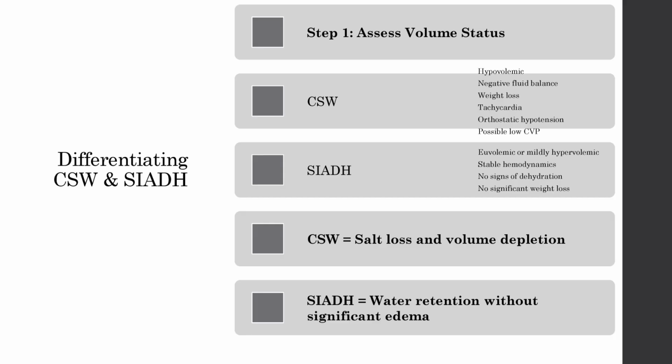Patient is hypovolemic, negative fluid balance, weight loss, tachycardia, orthostatic hypotension, and possible low CVP. SIADH. Patient is euvolemic or mildly hypervolemic, stable hemodynamics, no signs of dehydration, and no significant weight loss. Remember, CSW is salt loss and volume depletion. SIADH is water retention without significant edema.